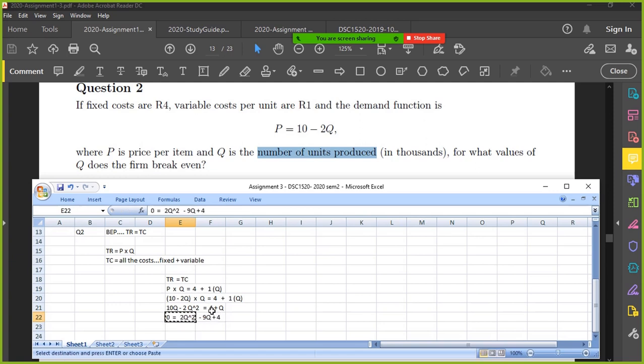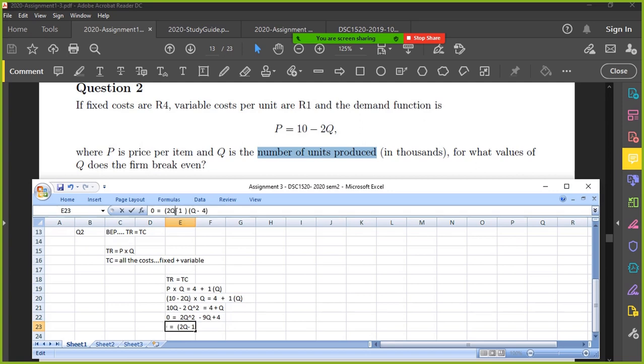Next step is to solve. We need 2 brackets: 2Q and Q, and then we need a 4 and a 1. 2 times 4 is 8, plus 1 is 9. We need a minus and a plus, a 4 here and a 1 there, and you want minus 9, so negative and negative.